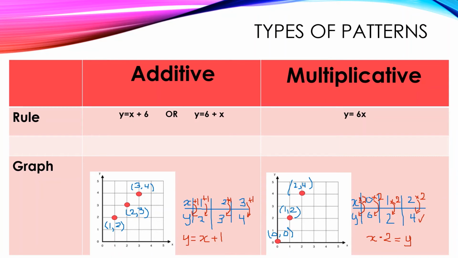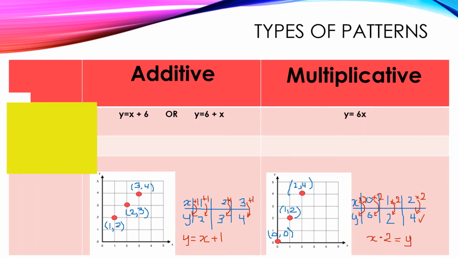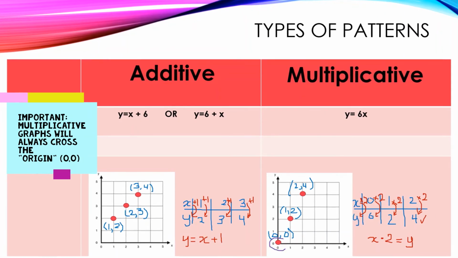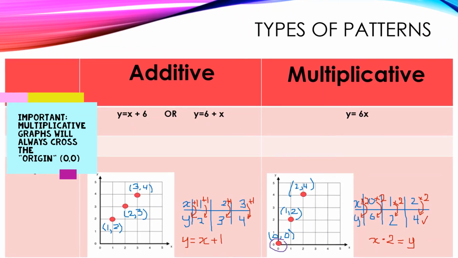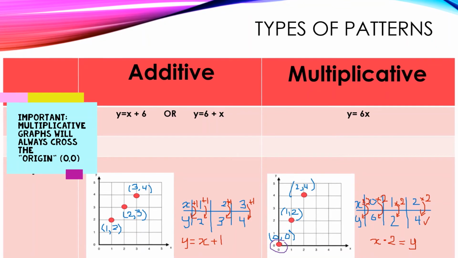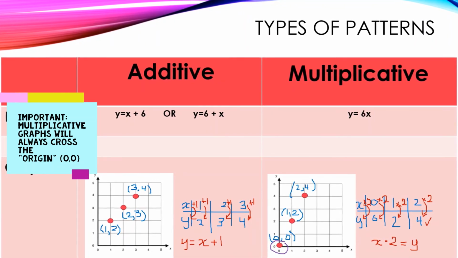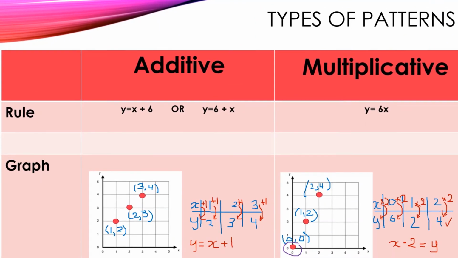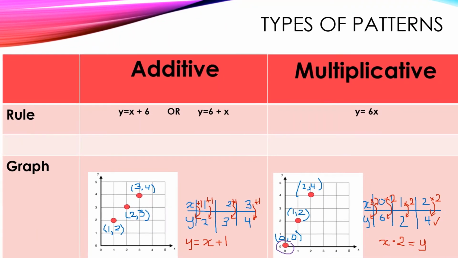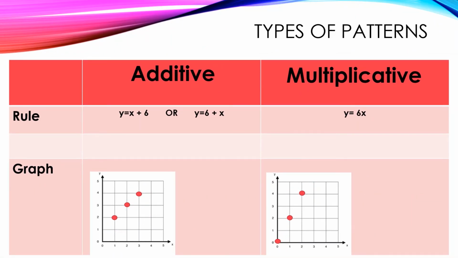One more thing that is very important about a multiplicative graph is that it always crosses the origin. And sometimes those points are not there for us at the origin, but if you extend the line graph, you will see that it will always cross at the origin. Why? Because the origin is at point 0, 0.